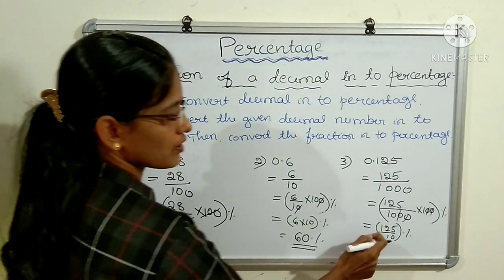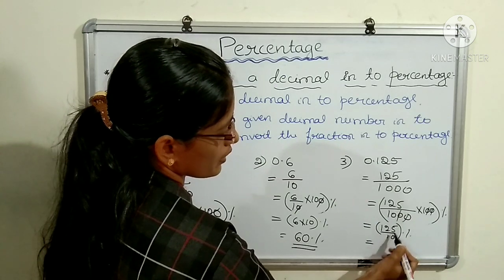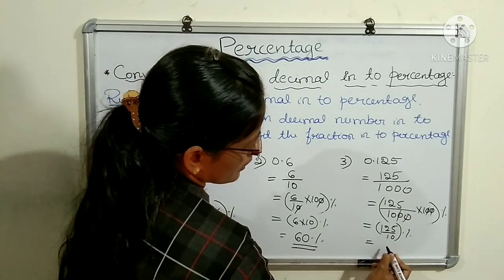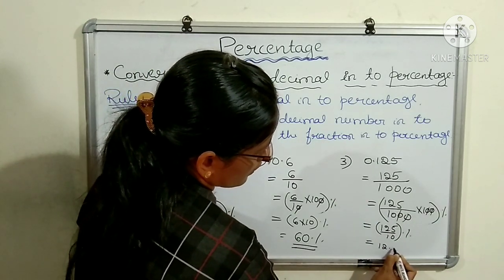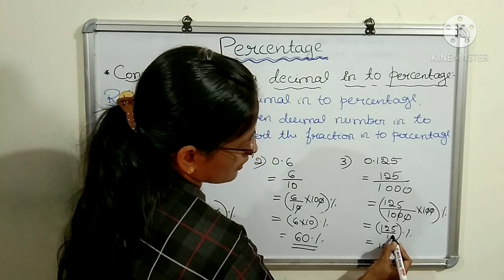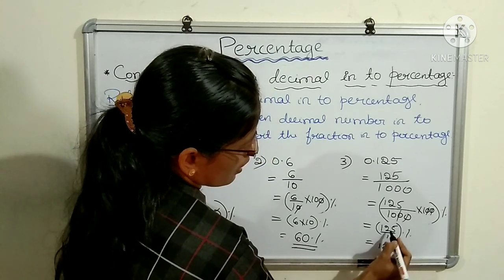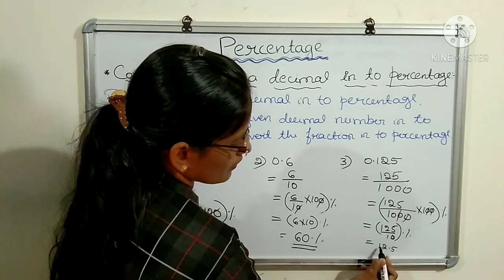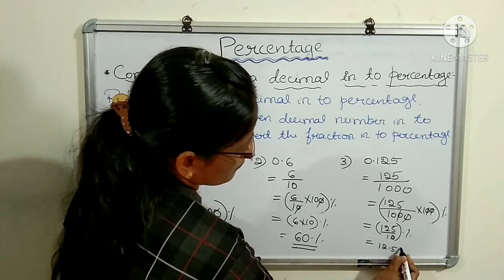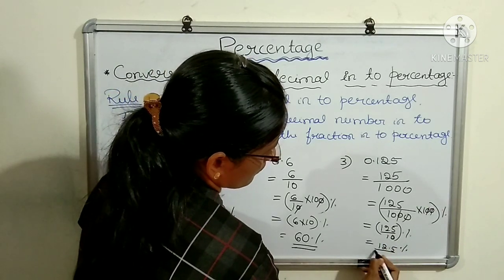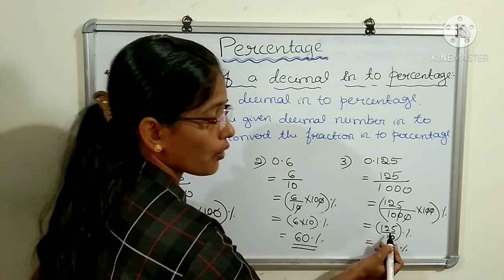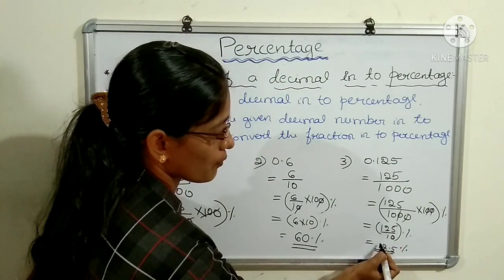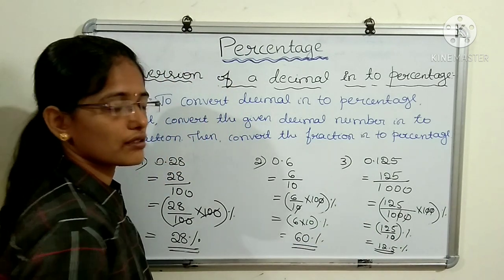This you convert to decimal form. 125 by 10. What we can write? 12.5. In the denominator 10 is there. So answer after simplification you will get 12.5%. So this I hope that you have learned like this problem in the decimal chapter.